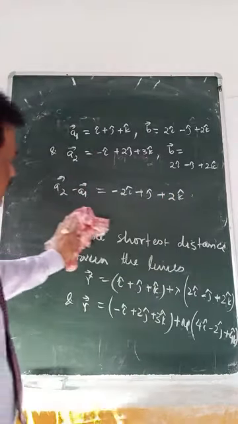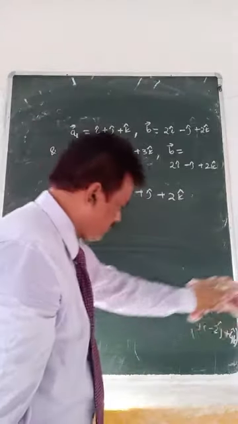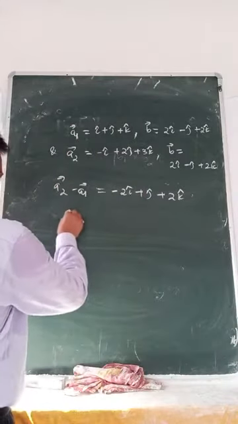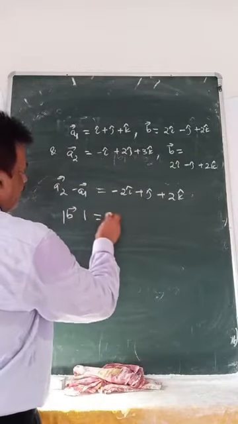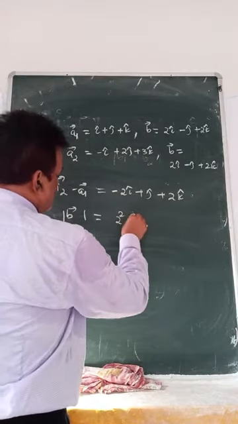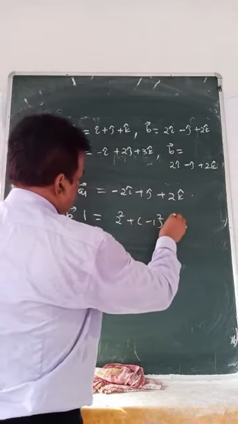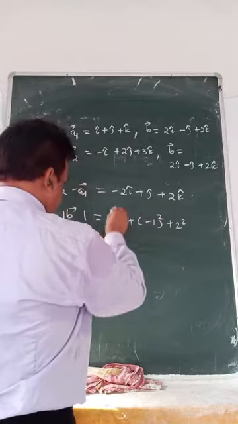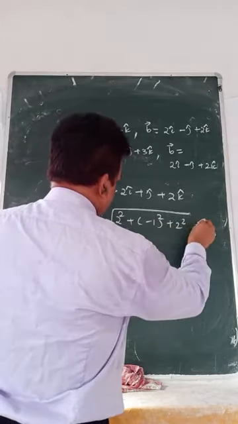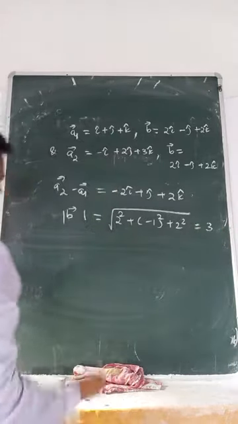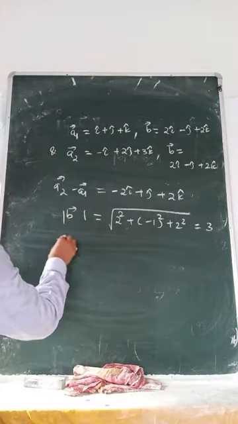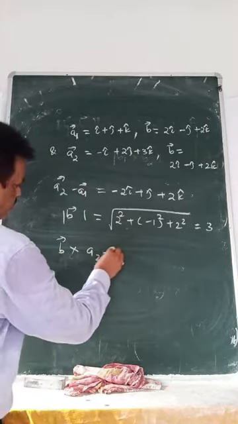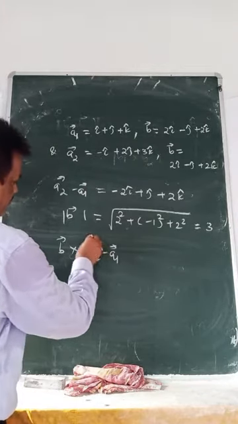Okay, then what is the b vector? Modulus of b: 2 squared plus (-1) squared plus 2 squared. This is 9, so that will be 3. Now you have to find b cross (a2 minus a1). Look at the formula I have given you.